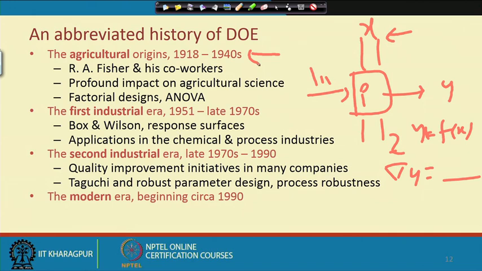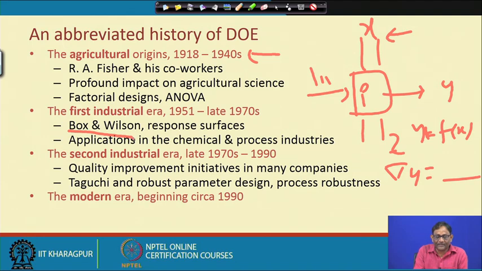Then after that the other pioneers are Box and Wilson. In the period from 1951 to the late 70s they worked a lot, and the work was translated from the agricultural domain to the industrial sector, but primarily the chemical and process industries benefited heavily from these designed experiments and the analysis of experimental results.